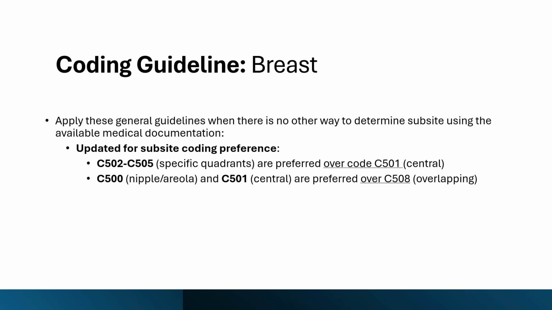So if you have a specific quadrant, use that over coding C50.1. Now, if we have nipple areola involvement, C50.0, or it states central breast, C50.1, these are preferred over an overlapping code, C50.8. So make sure you use this information as well when you're trying to determine the subsite to code for breast.